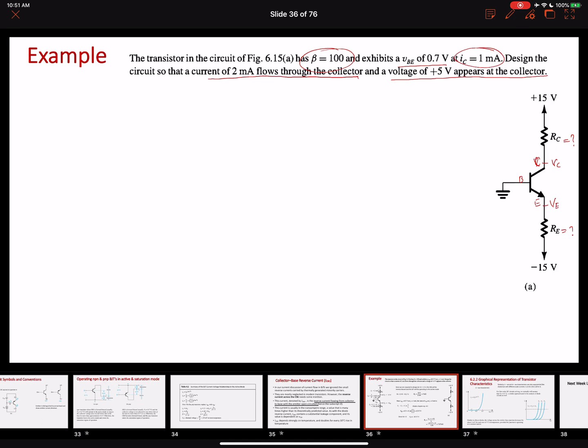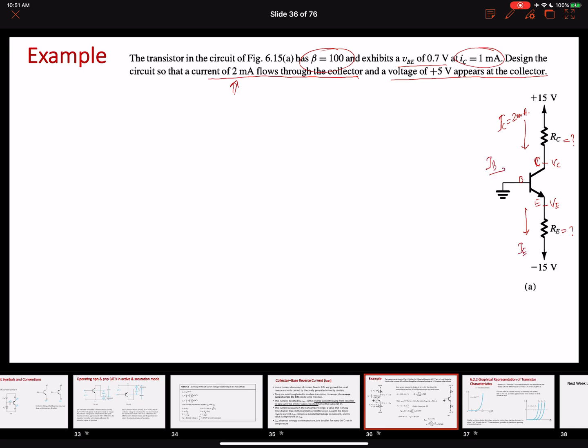Another thing that we know is that the current at the collector is 2 milliamperes. So we know that this IC value is 2 milliamperes. If the value of IC is 2 milliamperes, let's find out the value of IE and IB.